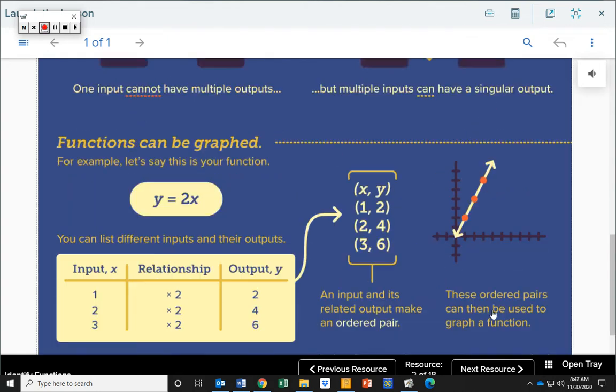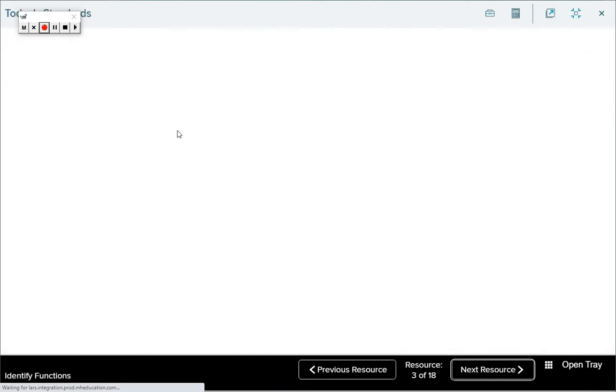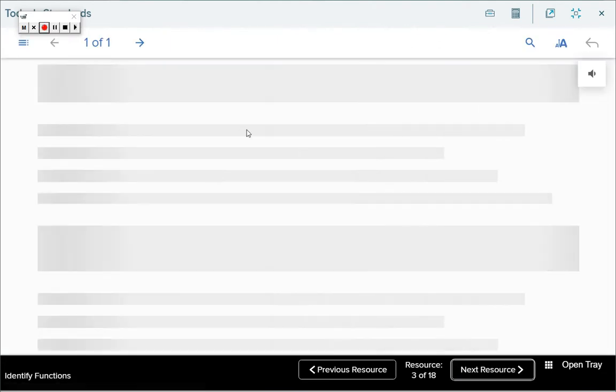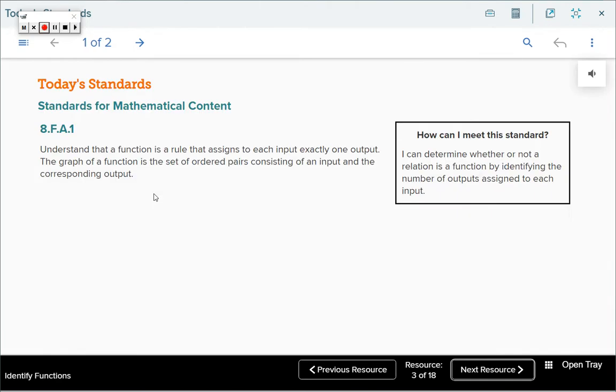I want you to start writing your objectives in your notes. Your objective, what you're going to do today, write this down. All I want you to write is the first part. Write this down. Objective, dash, and I want you to write, understand that a function is a rule that assigns each input exactly one output.